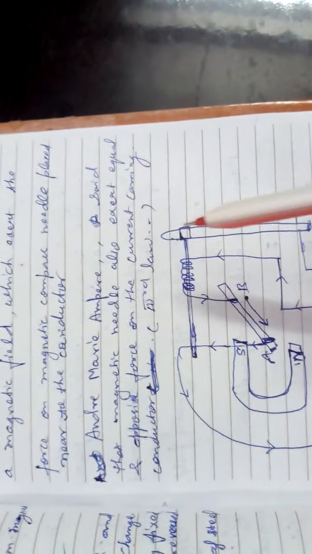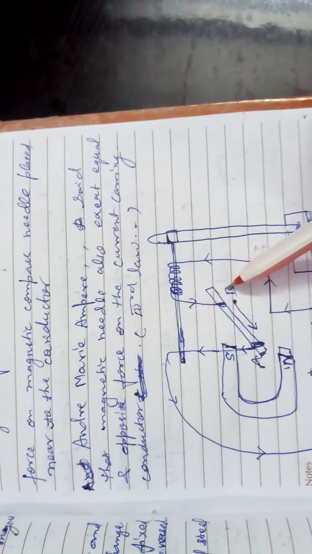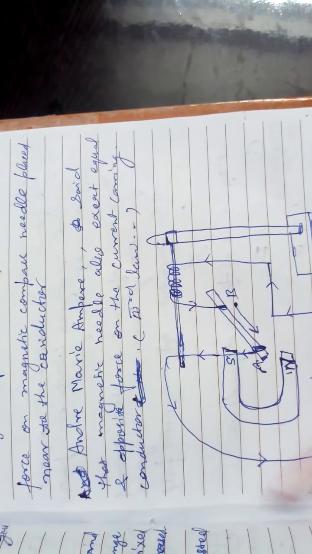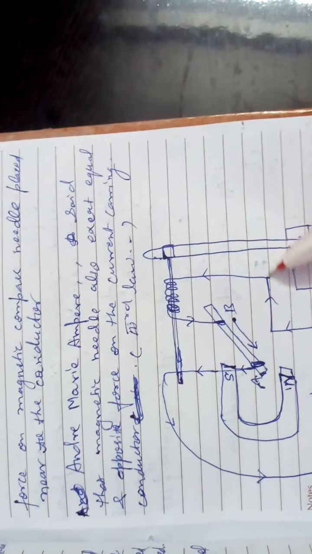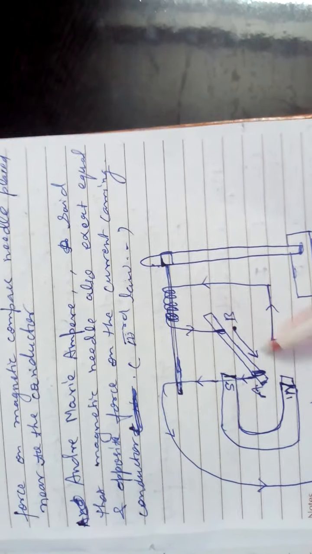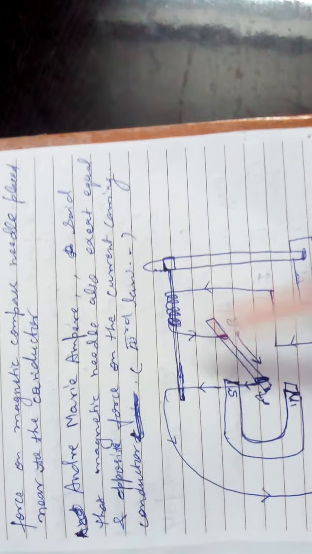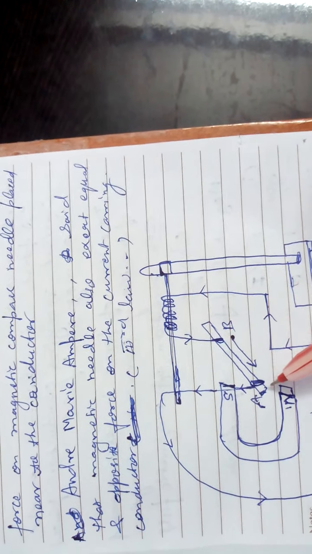So there is a metal rod AB and there are metallic wires, conducting wires, by which you have connected it. It is a stand, and there is a wire connecting one end of this. You are seeing it is a U-shaped magnet.